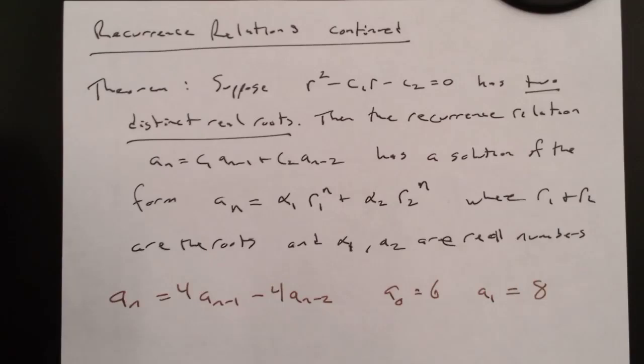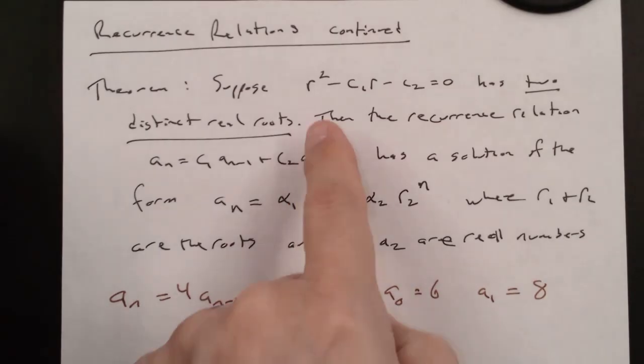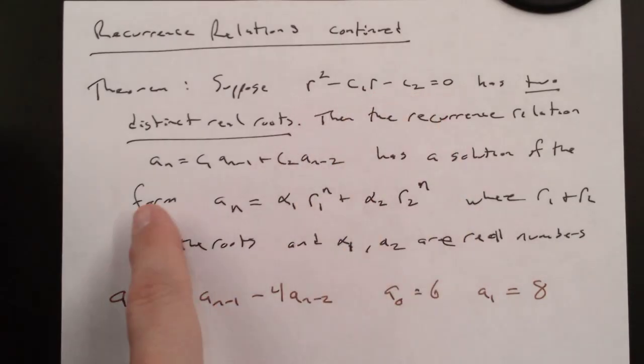Means I need to turn this into a quadratic, right? Advantage, in my theorem, it shows how the quadratic is related to the recurrence.